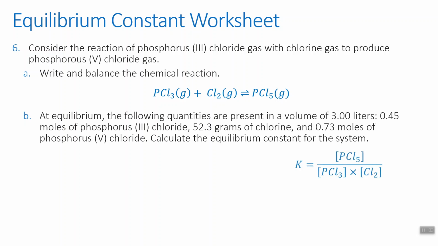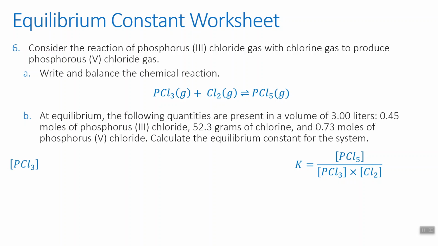So first, let me just write my K expression. Products over reactants, all of my coefficients are 1, so everything is raised to the first power. Now, those square brackets represent concentration. So I need to get the concentration of all of these components based on what I'm given in the problem.